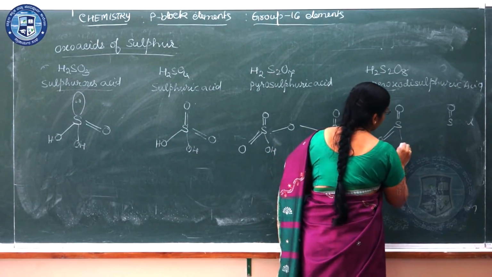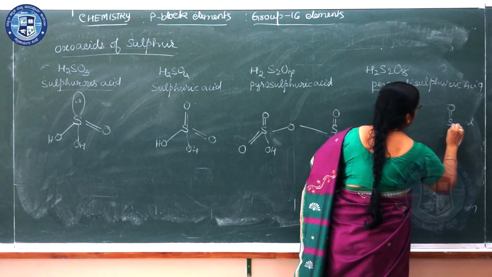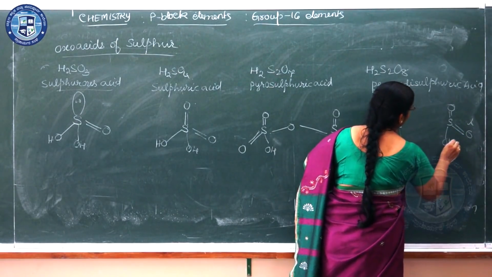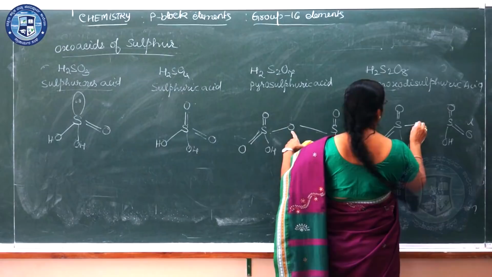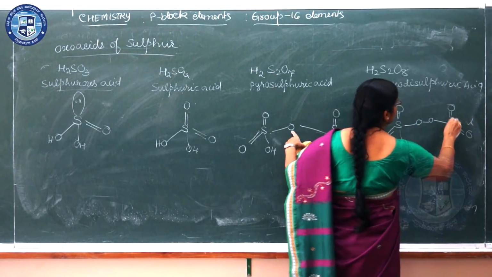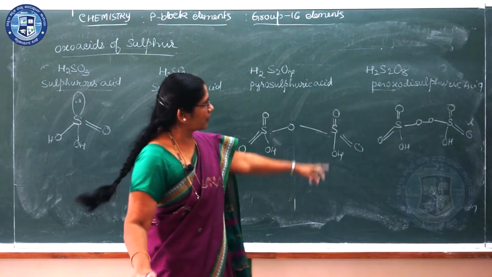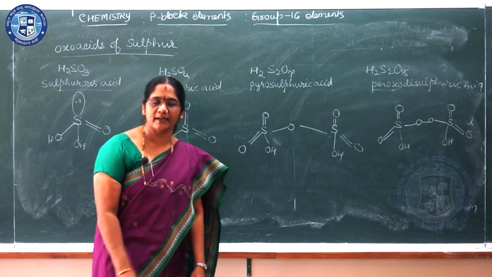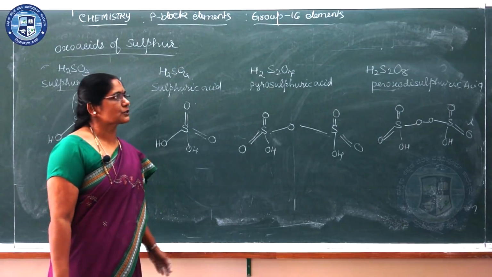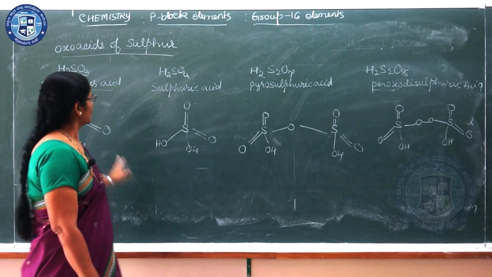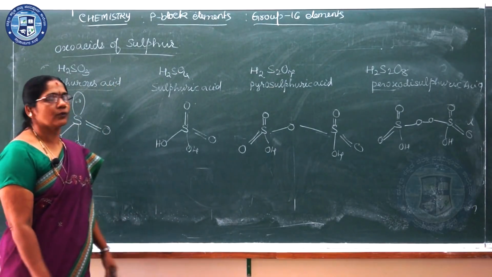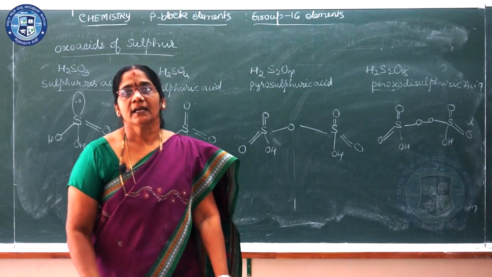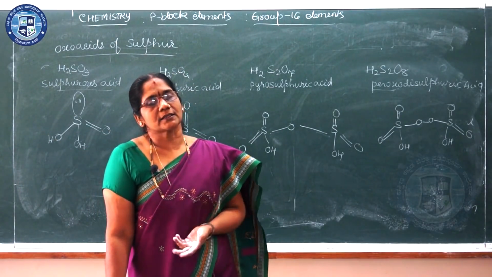So this is a double bond, here is 1 OH, here there is a double bond, there is 1 OH and already there is 1 O. You add a peroxide linkage, 2 oxygens together is called a peroxide bond, and that is the structure of peroxodisulfuric acid. So these are the structures of 4 acids given in your syllabus, about which you may be asked a 1 mark question.